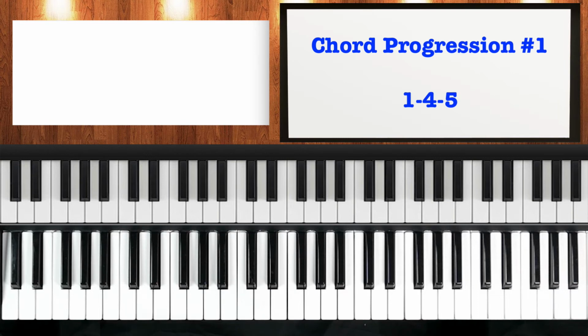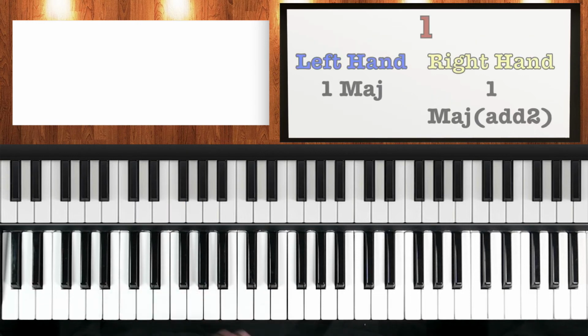So now let's go over the chords that we're going to play over the 1, 4, 5. And I'm also going to teach you how the Key Connect system is going to notate the chords using numbers instead of the alphabetical letters. So for our left hand chord, you'll notice that we have the 1, and then we have a M, which you should know represents major.